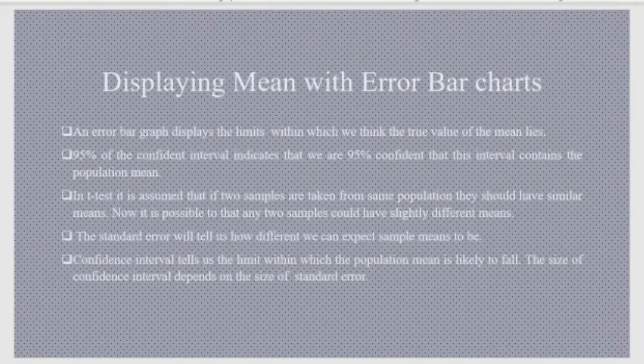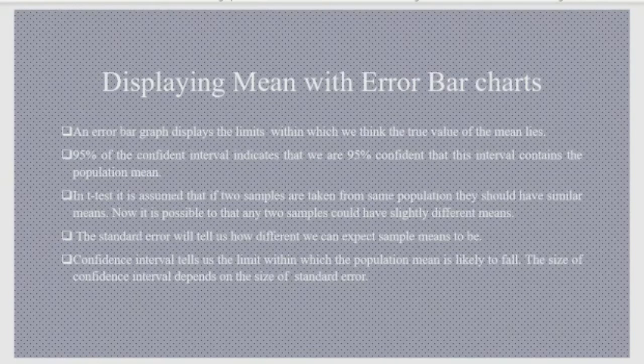Now, we already discussed that whenever we are doing any kind of statistics, first we have to draw a graph, because graphs represent data and are good for explaining our data. In the t-test we use a bar chart. This is called an error bar.